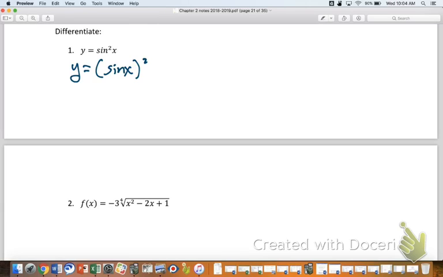So as I open this, I'm really differentiating the squared. How do you differentiate something squared? Isn't that just a power rule? So y prime equals 2 times whatever's in there to the first. And I open it up, and what's in there? Sine of x.